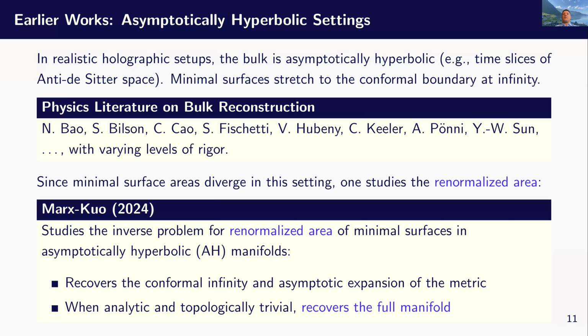And he was able to recover the conformal infinity and asymptotic expansion of the metric. So that basically means the boundary determination at the infinity. And especially when the manifold, the bulk, is analytic itself and topologically trivial, then he was able to recover the full manifold.